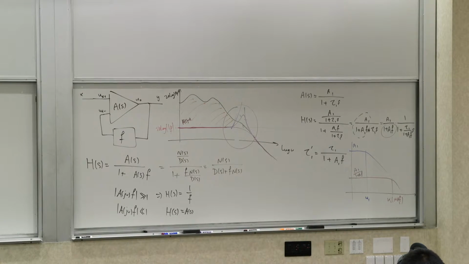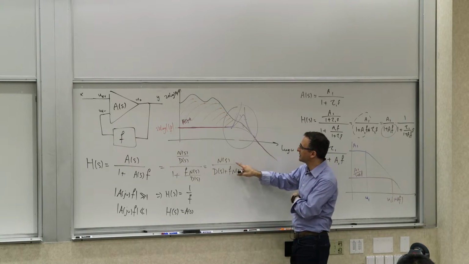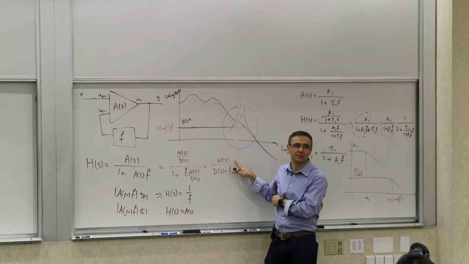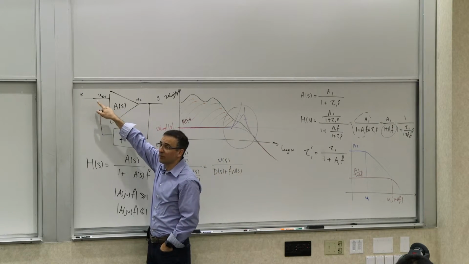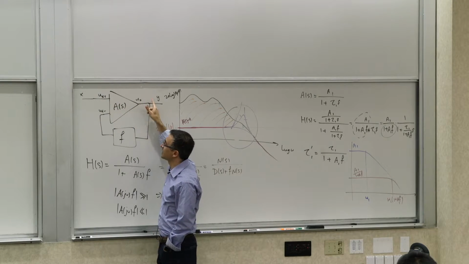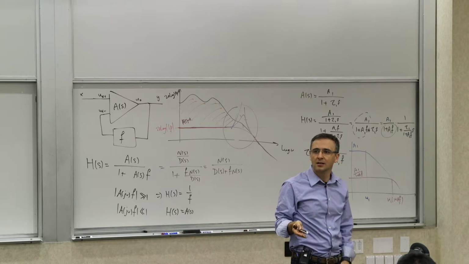You can see that in general, the zeros have remained the same because the numerator is the same numerator as A of S, which again makes sense because zeros are the complex frequencies for which an input does not produce an output.